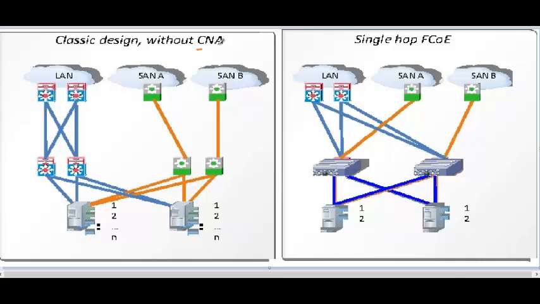A network adapter in which both LAN and SAN can operate. That's why it is converged. The network adapter can respond to both FC as well as Ethernet. It has both a MAC address for Ethernet and FC IDs or WWN address for FC.